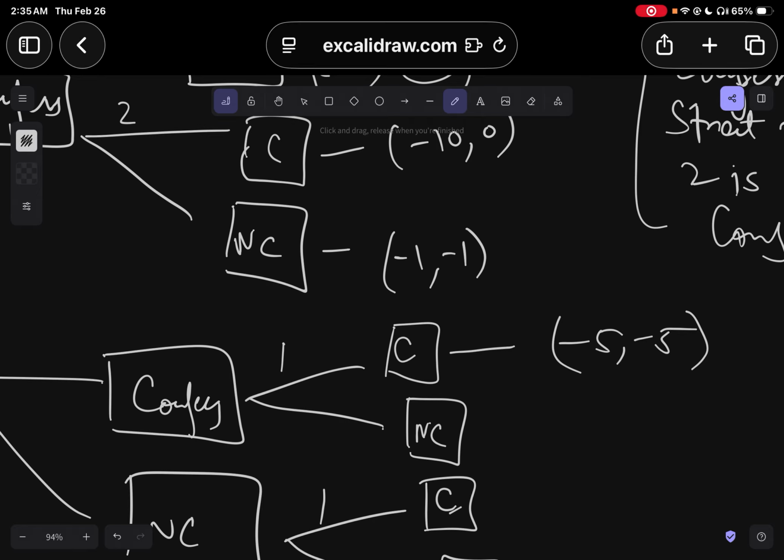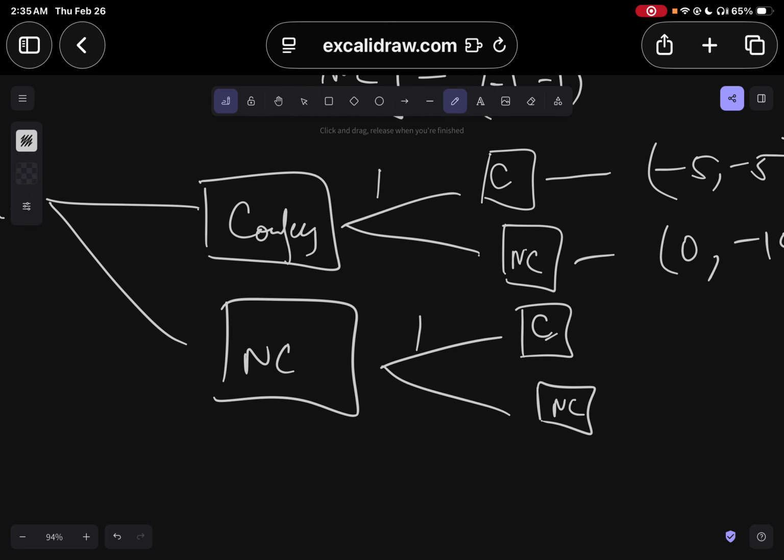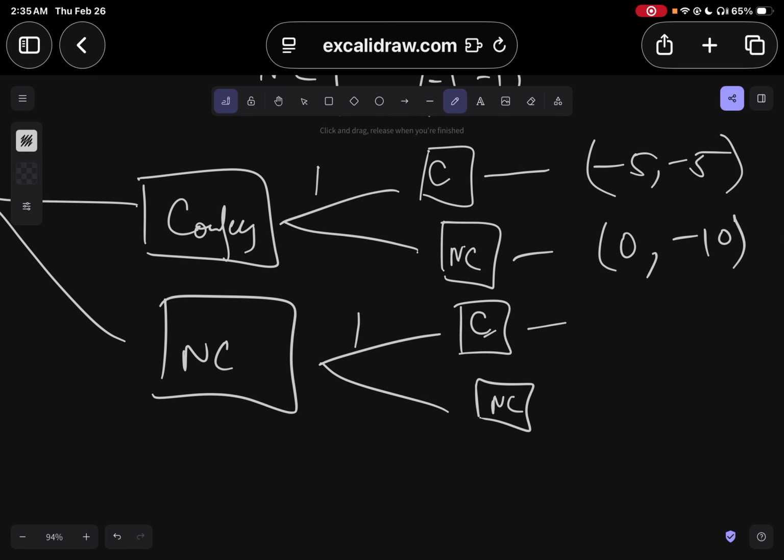If player 2 confesses but player 1 didn't confess, then player 2 will be set free and player 1 will go for 10 years of prison. If player 2 didn't confess but player 1 confesses, then it would be the opposite for him. Player 2 would be going to prison for 10 years.